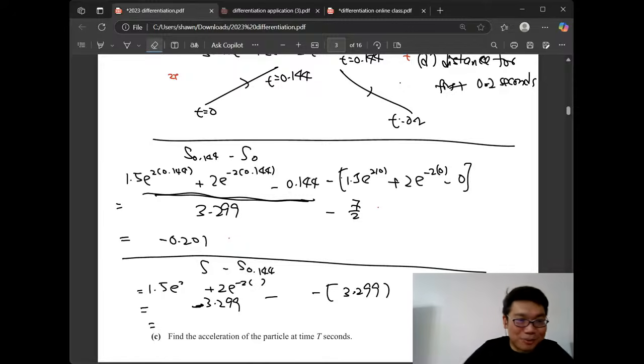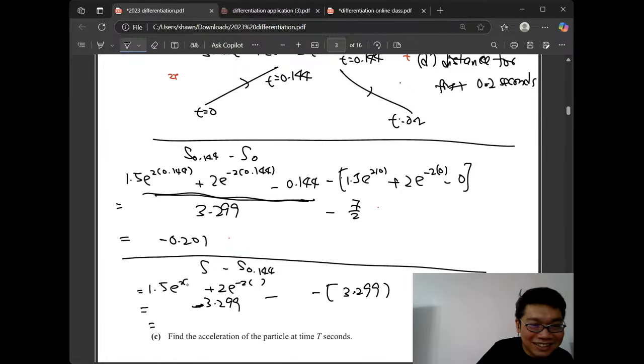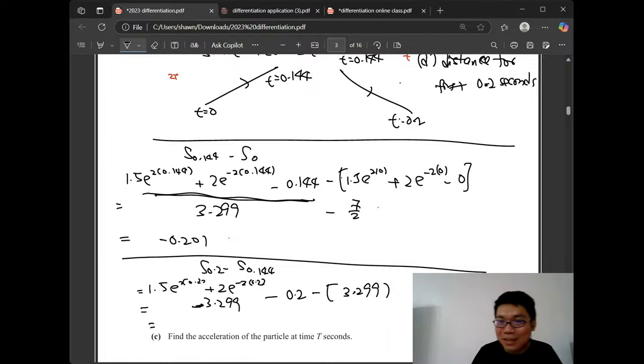Okay. So I need to check the question carefully. If you make the same mistake, you write 2 instead of 0.2, then it's a bit sad. Okay, so here you should get 3.378. So this minus 3.299 is 0.0794.